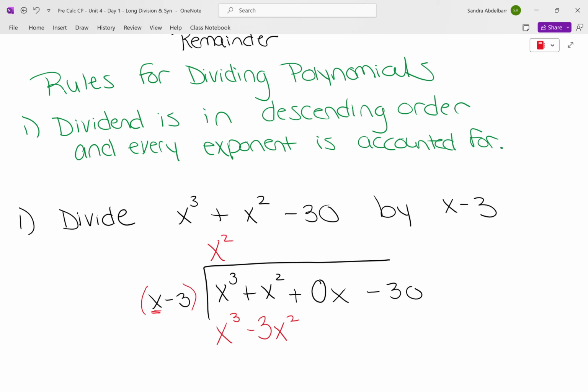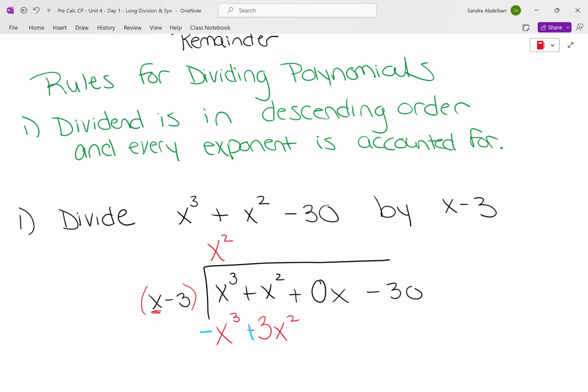So guys, when we're normally dividing at this step, what do we do here? We subtract, right? But now I'm not just subtracting one thing, I'm subtracting a whole binomial. So what you want to make sure you're doing is that you're changing the signs. So I'm going to subtract the x to the third, but don't I also have to distribute that negative to the 3x squared?